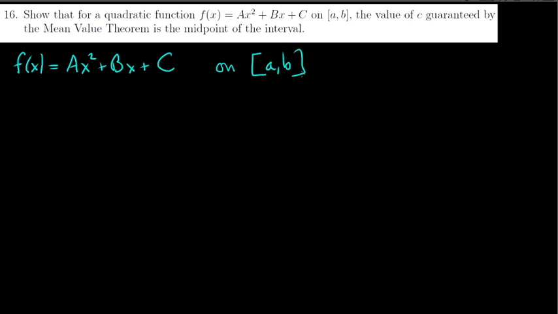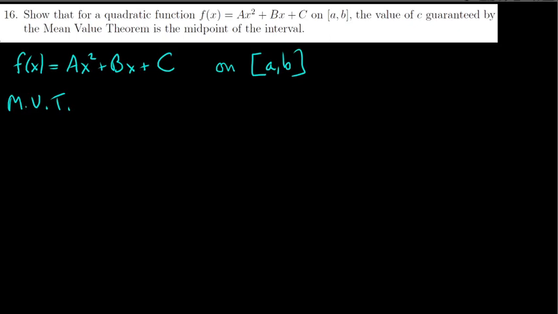So we want to show that for this quadratic function on this interval, the guaranteed value of c using the mean value theorem. So we have to remember what the mean value theorem is, and I know in the last question I said you don't have to remember it, but here we probably need it.